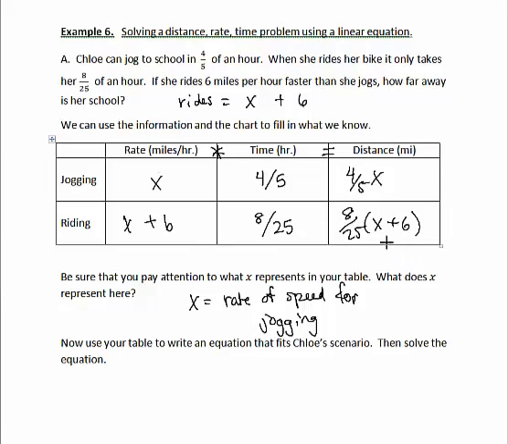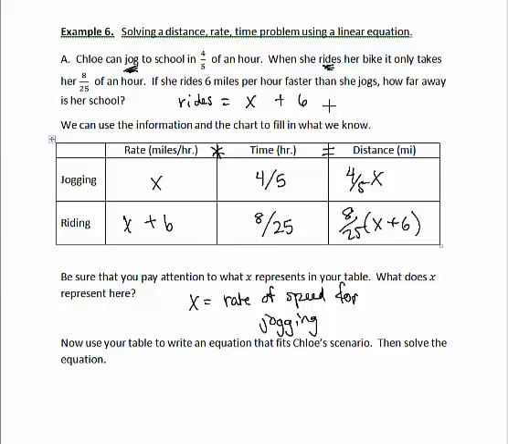This is where you have to really reread the problem and think about it. In either case, whether she's jogging or she's riding her bike, what is she doing? Well, she's going to school.